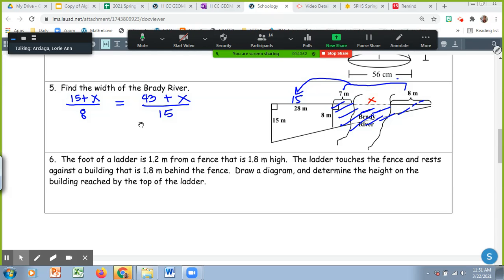All right. Did anybody get an answer to number 5? Any answer so far?